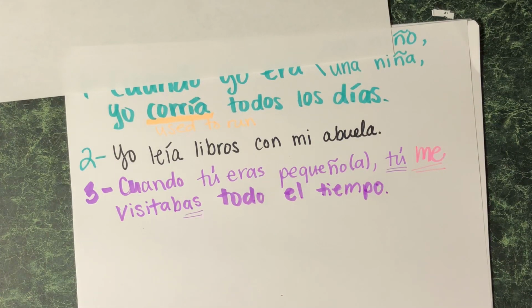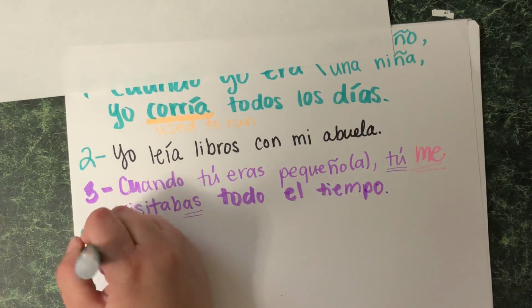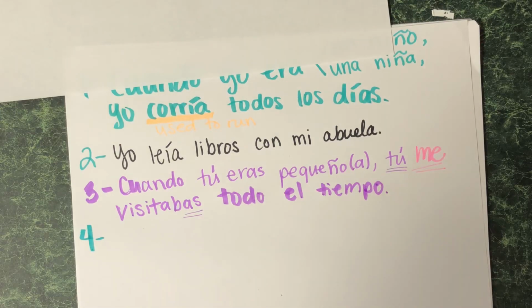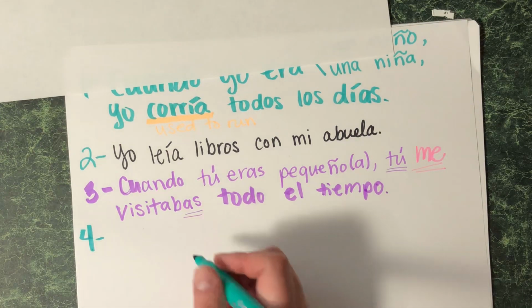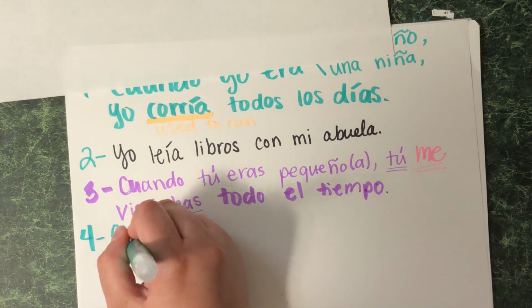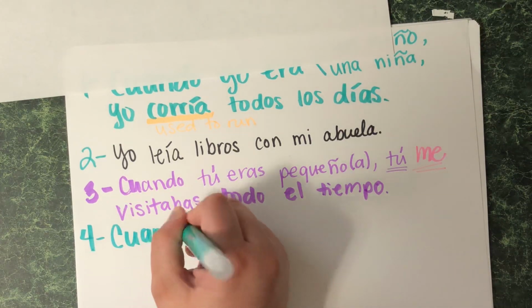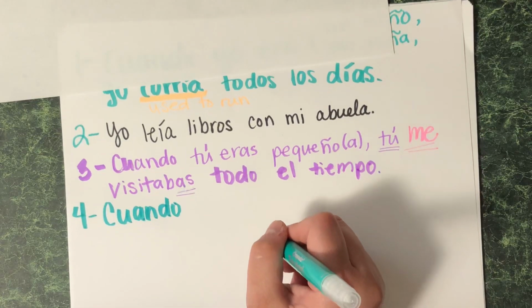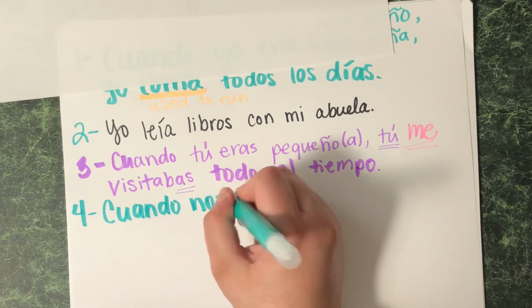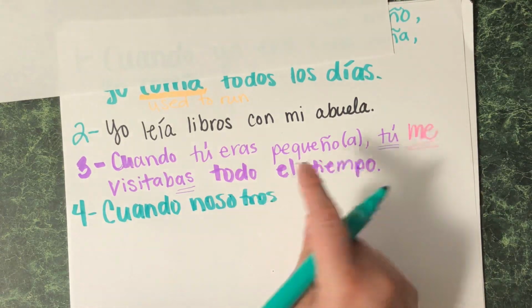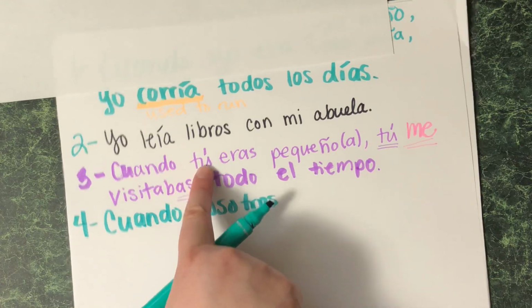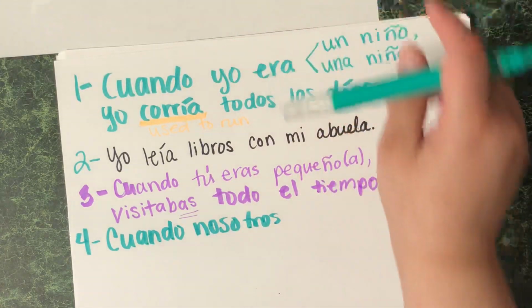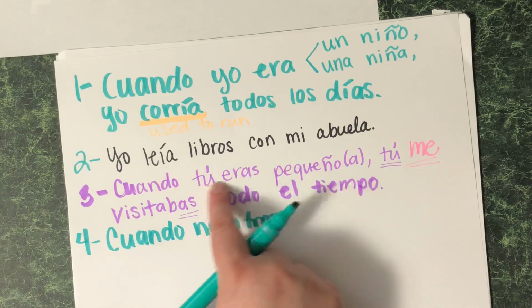Next one. Number 4. When we were little, Jake was tall and I was short. Let's see. When, cuando. We were little. Nosotros. We're going to take this form right here, guys, from when you were little.